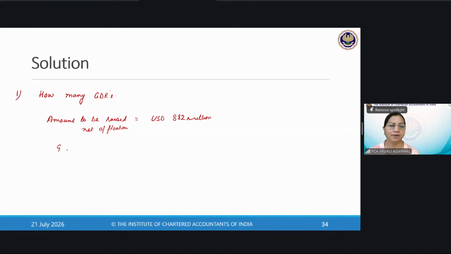Therefore, the gross amount to be raised is 8.82 divided by 1 minus 0.02 flotation. So that is 8.82 million USD divided by 0.98. So you need to raise exactly 9 million USD.